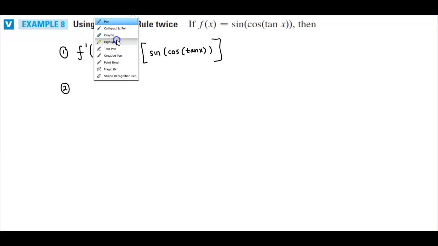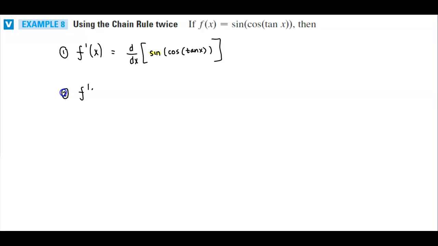So that means that we're going to take the derivative of the outer one first. So what we have is f prime of x, which is going to equal, now this is going to become the cosine times the cosine of the tangent of x.